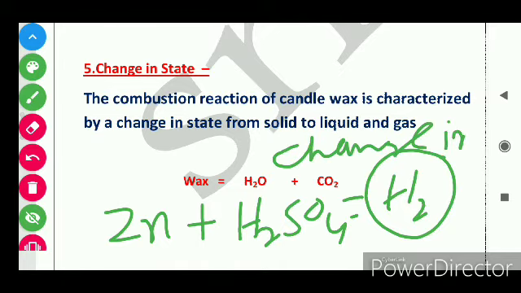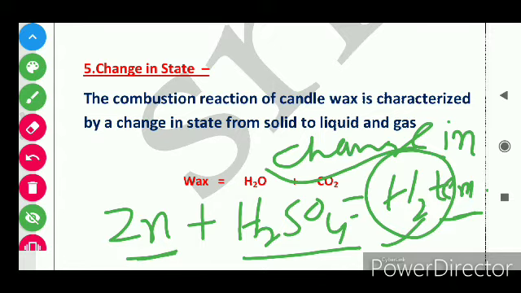So the reaction of zinc granules and dilute H2SO4 shows two properties: evolution of gas and change in temperature. Similarly, there are many examples of reactions in which more than one characteristic shows.